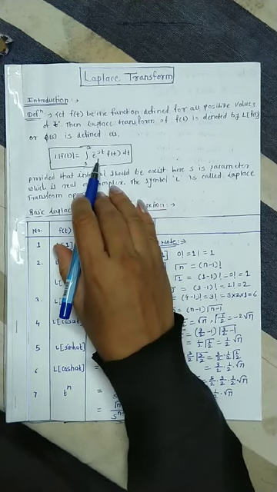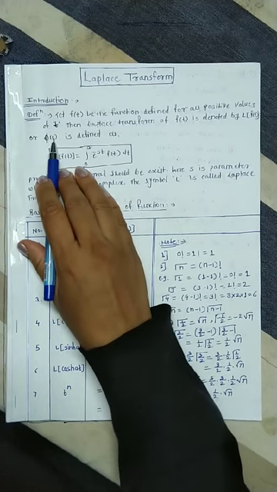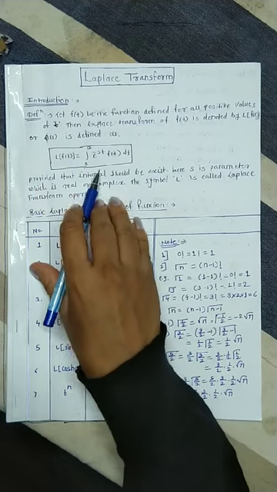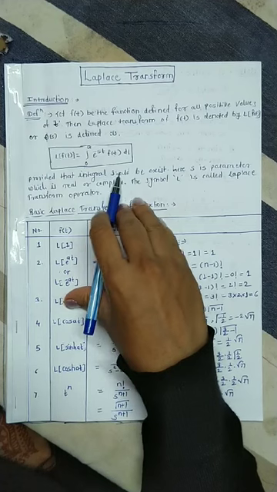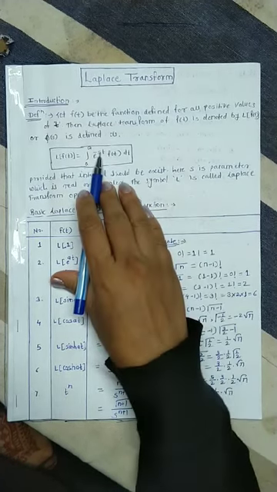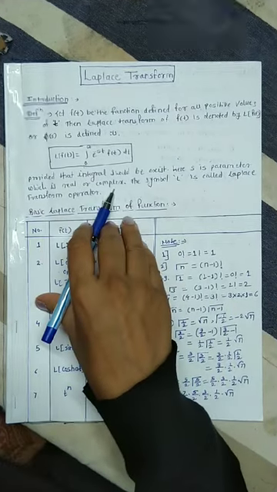That's why it is also a function of s, and that's why it is also called phi of s. In some properties, we are using this phi of s notation, provided that the integration exists. Here s is a parameter in this integration, which is real or complex.